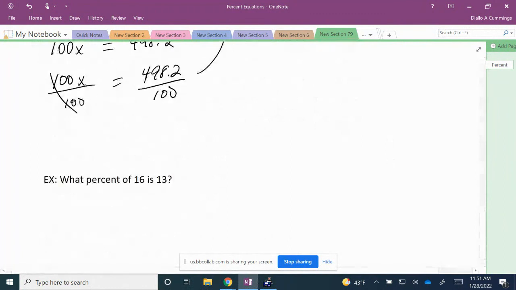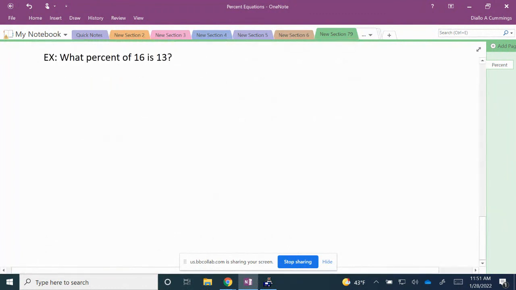Now we'll take a look at one last example. In this example, we're given: what percent of 16 is 13? So what percent, the percent is our variable or our unknown, so I'm going to simply substitute that with x.